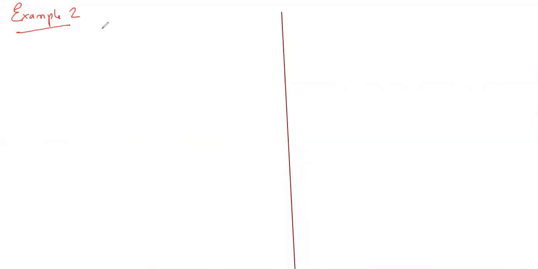Okay. So in this example, what is given? A square is given, and in that square, here 10 coulomb. It is not looking like a square, so let's draw it once more.